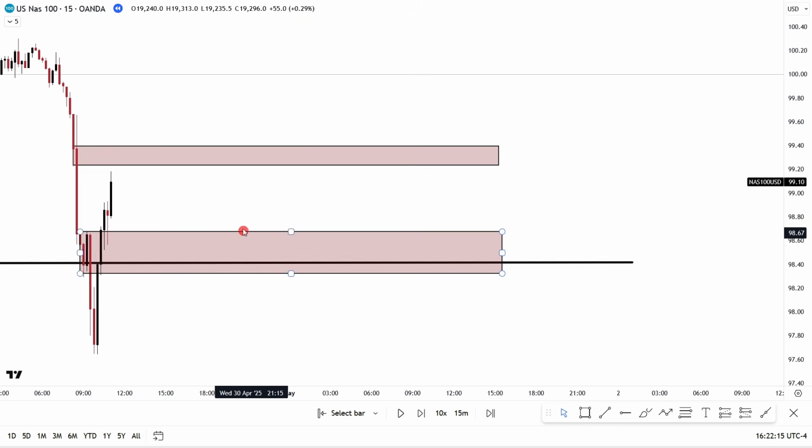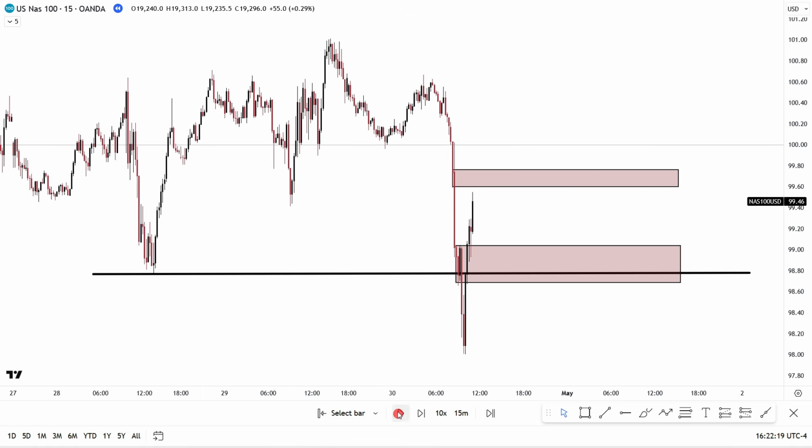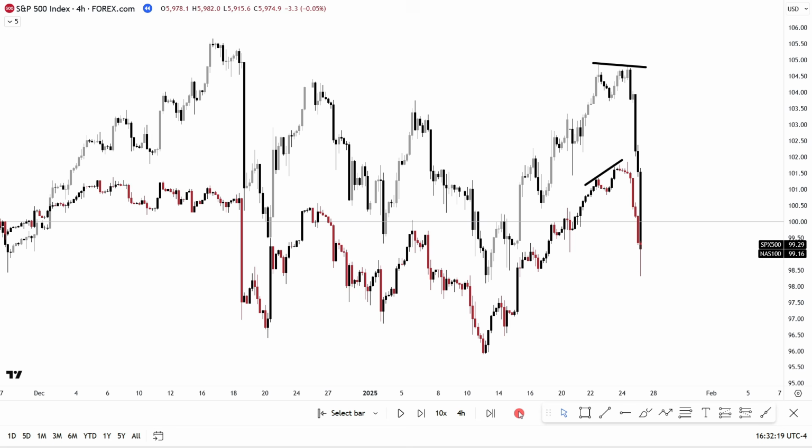And if you would have waited for price to break and retest, you would have been correct as well. Price broke, tested, and confirmed. So both of your zones that pushed price to grab this liquidity were correct.